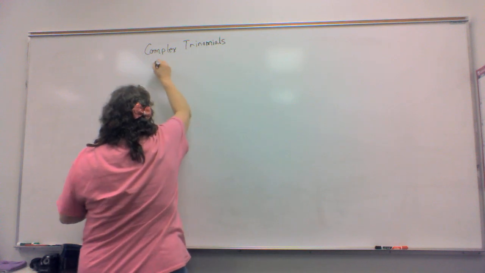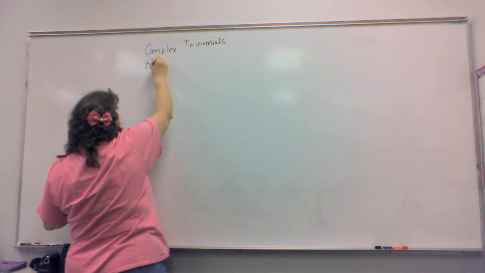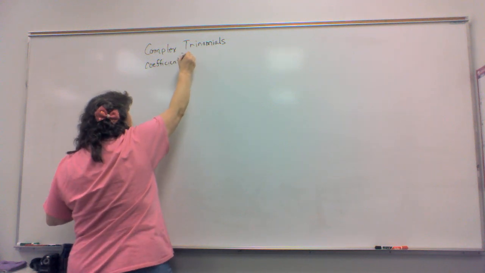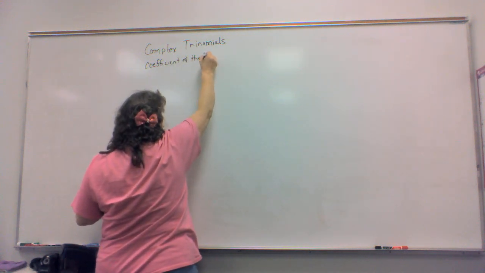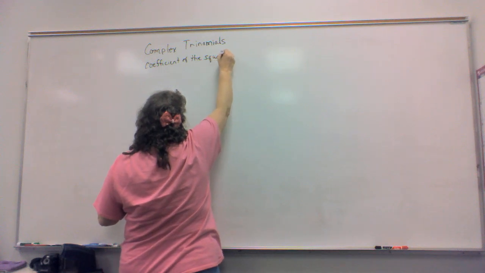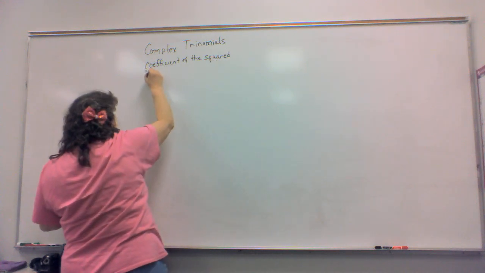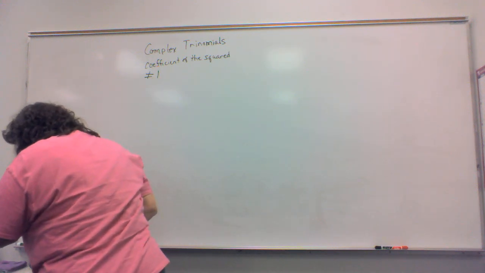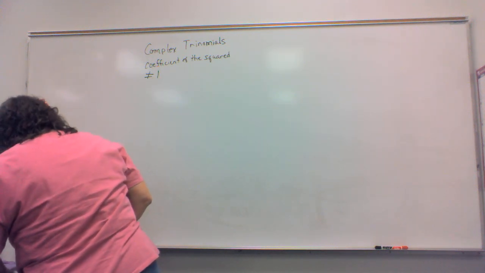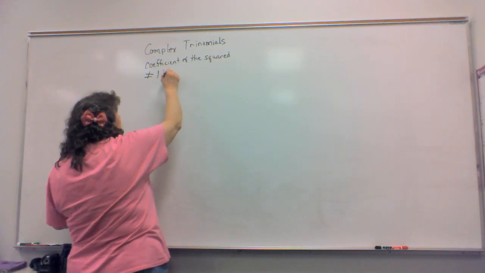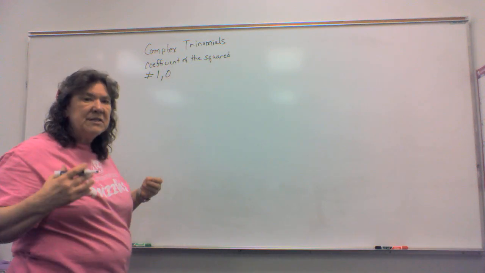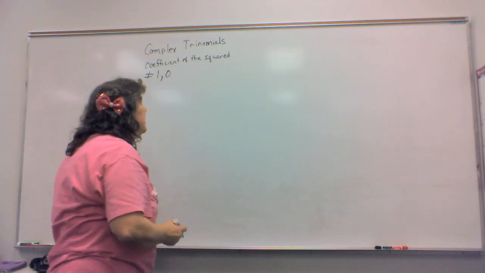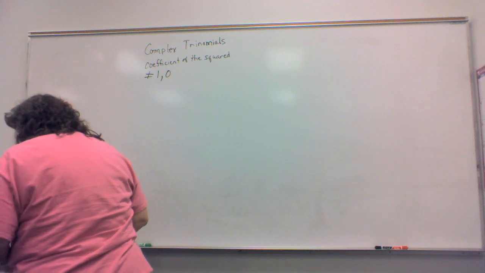And that is your coefficient of the squared term does not equal 1 or 0. Because if it was 0, the squared term wouldn't exist, okay? So that's a complex trinomial.